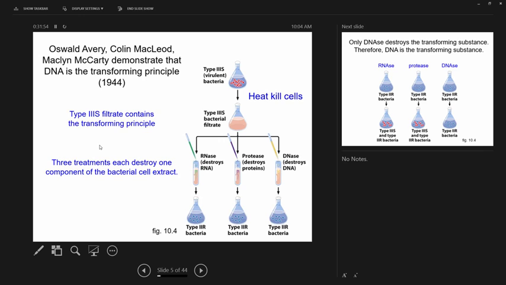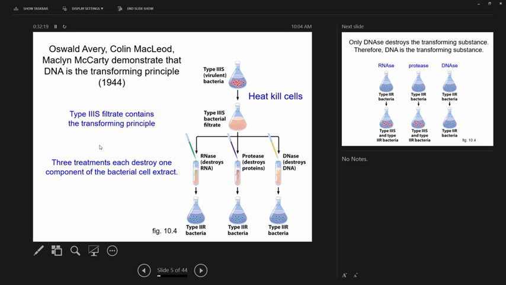Another with protease, which will break up the bonds that hold the amino acids together, so you go from a polypeptide amino acid chain to just a bunch of amino acids. And the third with DNase, which breaks up DNA into the individual subunits of the polymer.